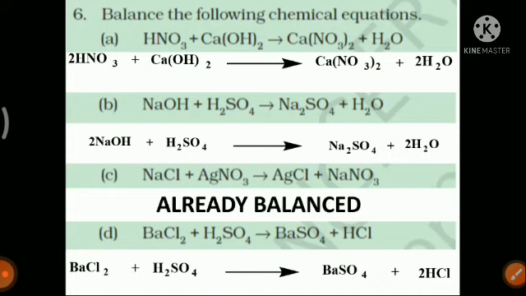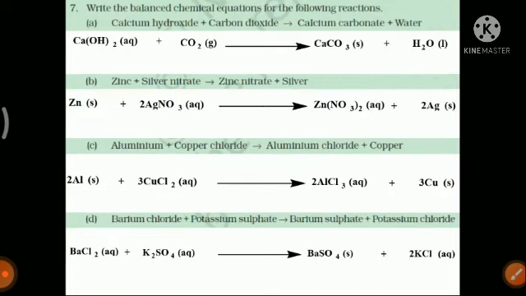So these are nothing but you have to simply balance them. Number 7, again you have to convert the names of the chemical compounds into their respective formulas, and then you have to balance them. Okay, and when balancing a chemical equation, please try to mention the physical state also.